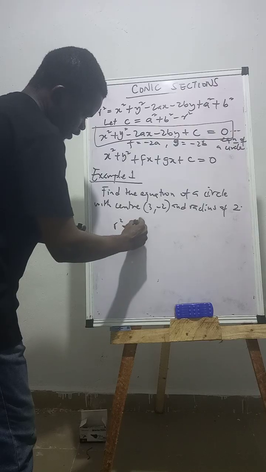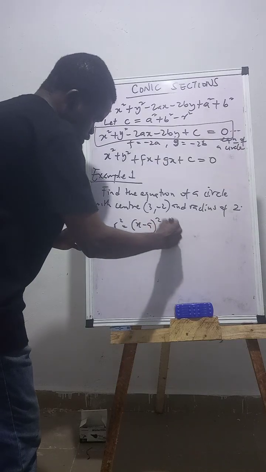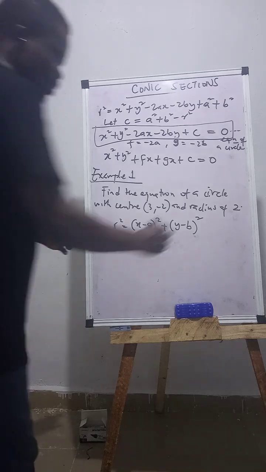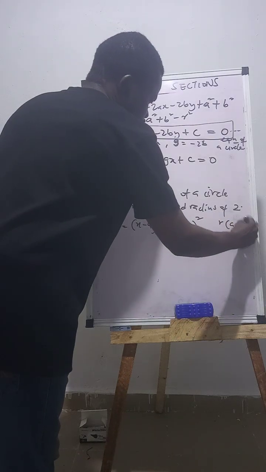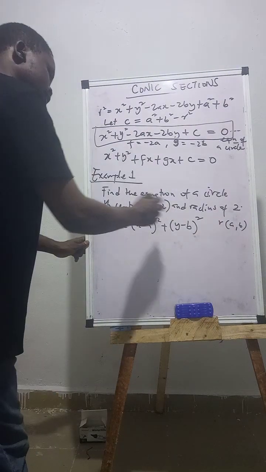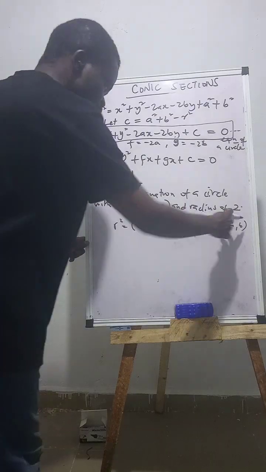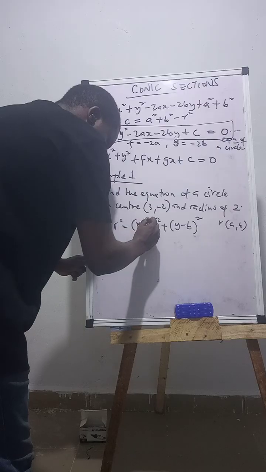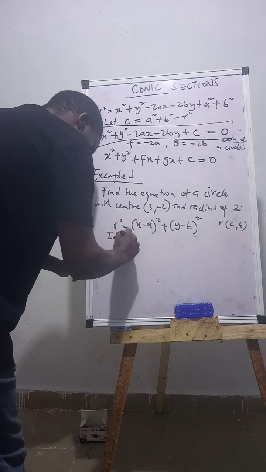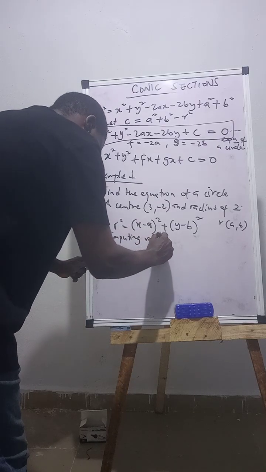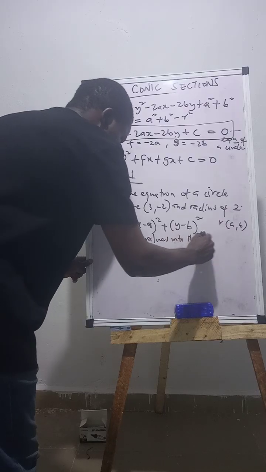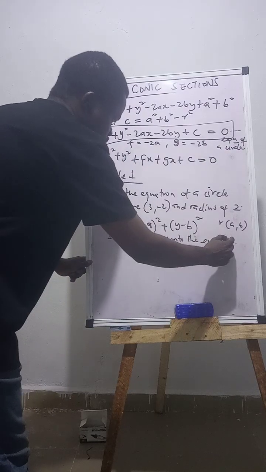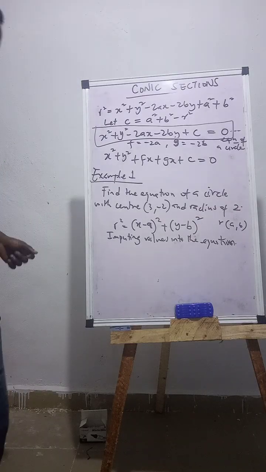It's r squared equals (x minus a) squared plus (y minus b) squared. Now, a and b are given already. a is 3, b is minus 2. So naturally we just impute the values into this equation.